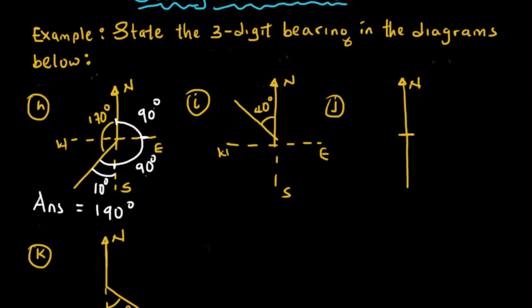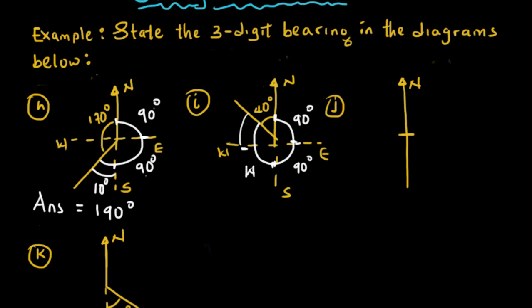So we move from the north clockwise till we get to the line in which we are trying to find the bearing. Does this make sense? Now look, we know that from north to east is 90 degrees. We know from east to south is 90 degrees. We know from south to west is 90 degrees. Now we are trying to find this angle here.